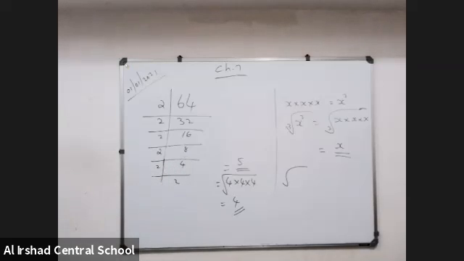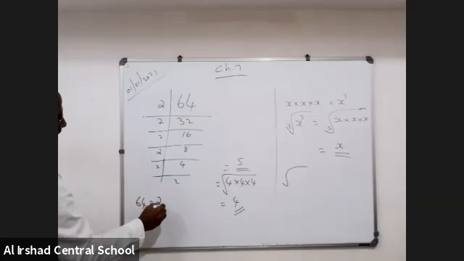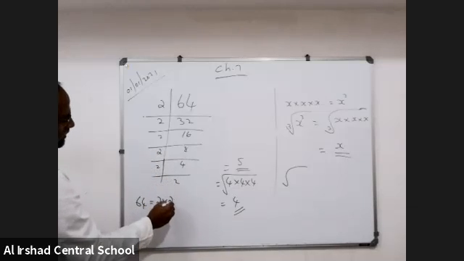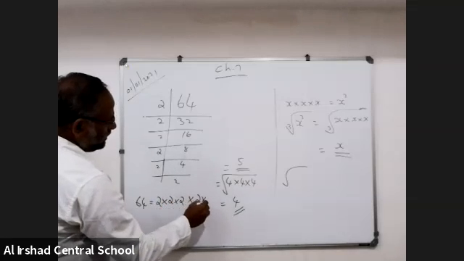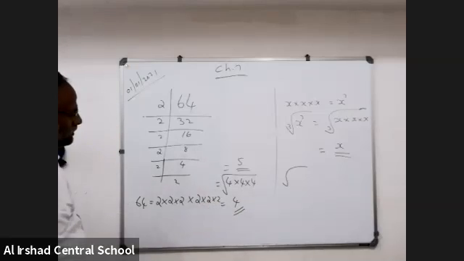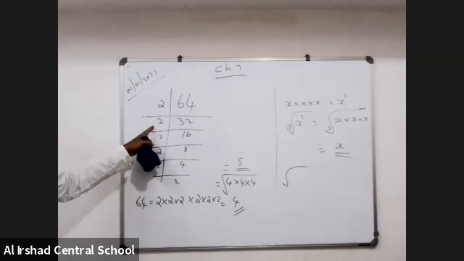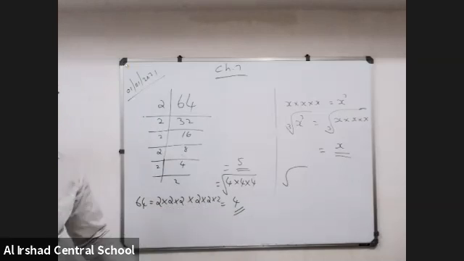Now see, the method is 64 is equal to, how many 2s are there? 1, 2, 3, 4, 5, 6. 2 into 2 into 2 into again 2 into 2 into 2. Now what is the method?